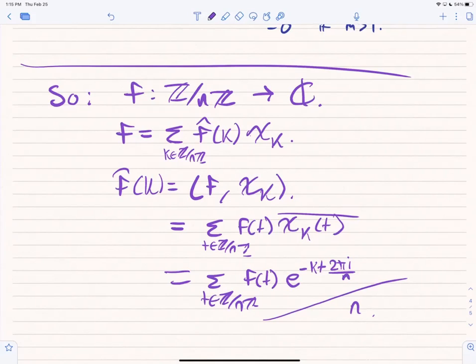From an analyst's perspective, I've gotten rid of every interesting part of Fourier analysis, like the questions relating regularity and Fourier coefficients. There's a whole interesting analytic theory of Fourier analysis on the real numbers that I've suppressed here by going to the finite case.